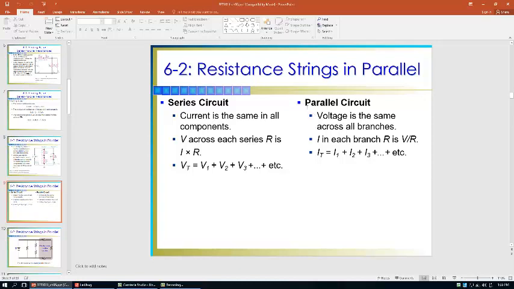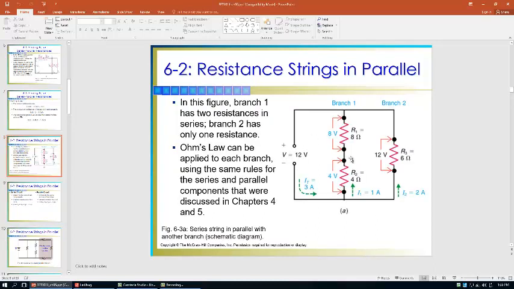Okay, so if you have components connected in parallel, the voltage is the same across all branches. Let me go back to this one. This branch and this branch are connected in parallel, so the voltage across this branch must be equal to the voltage across this branch.